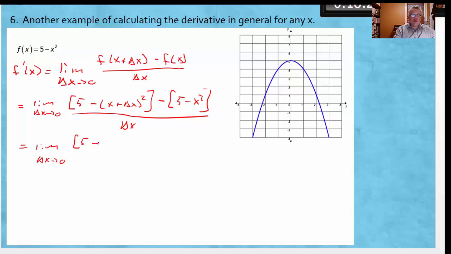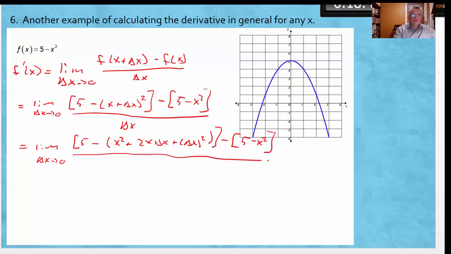So it'd be 5 minus x squared plus 2x delta x plus delta x squared minus 5 minus x squared all over delta x. Man, this is awesome. Okay, well, we got a lot of things to cancel. So this equals the limit as delta x goes to 0.